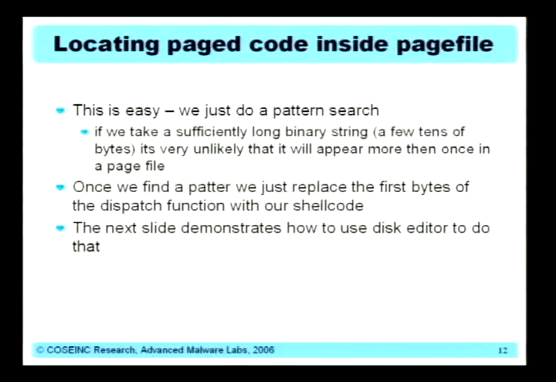If we take the first 64 bytes of the function, there's very little probability of finding something else in the page file. I've never experienced it. Even though the page file can be many gigabytes, if we search for a 64-byte string of opcodes, it's very unlikely that we find anything other than our function.